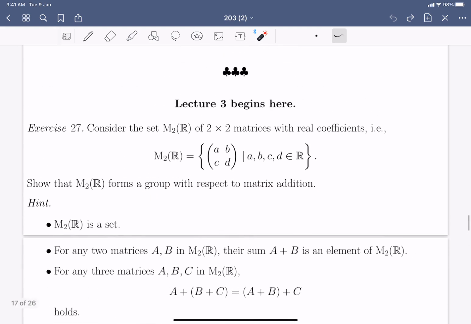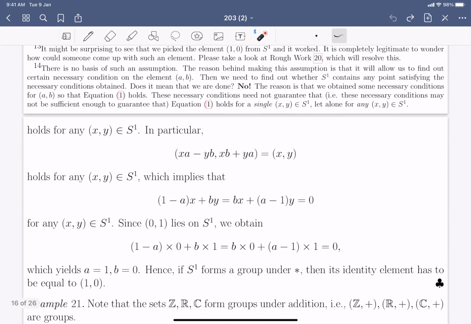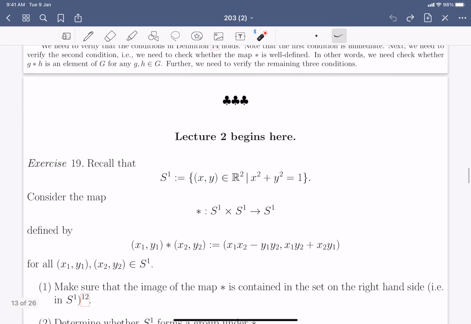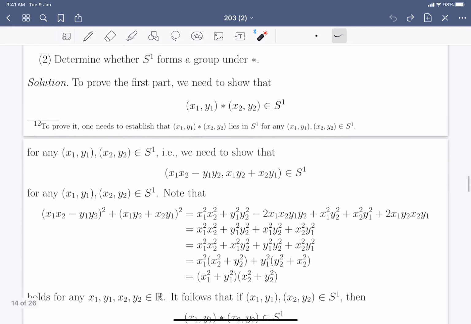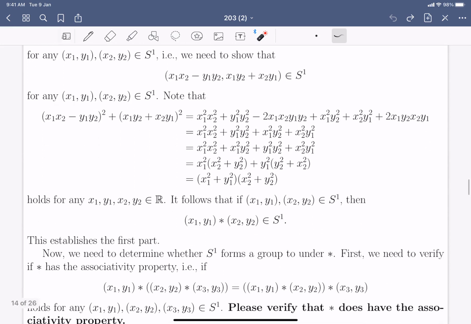In the previous lecture we discussed the specific case where we had this group S1, where we had to verify those five conditions first. The fact that S1 is a set, we didn't need to do anything. The next thing was that this composition law is well defined, which we checked.